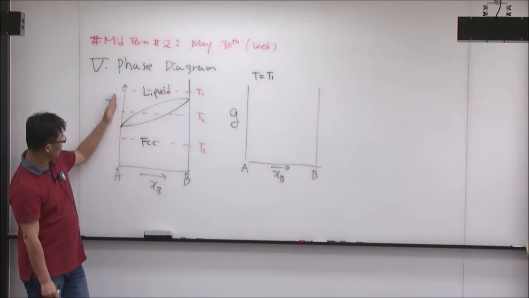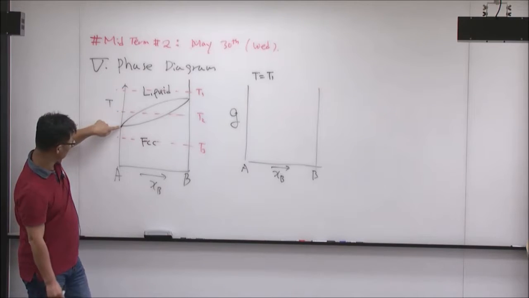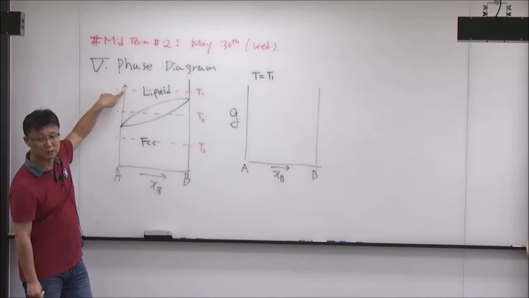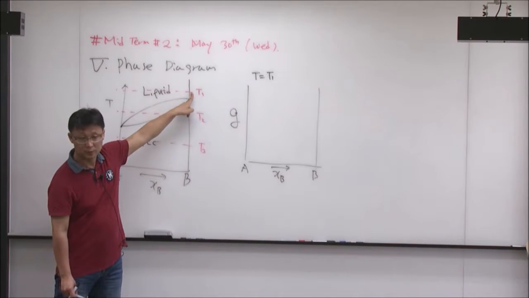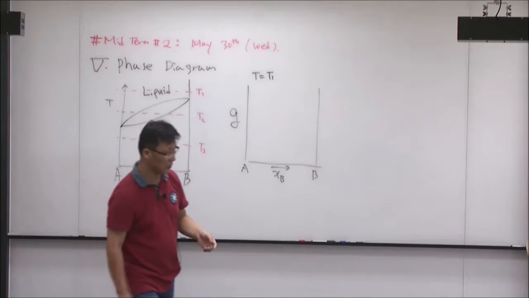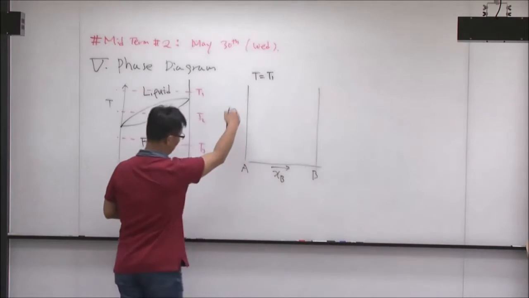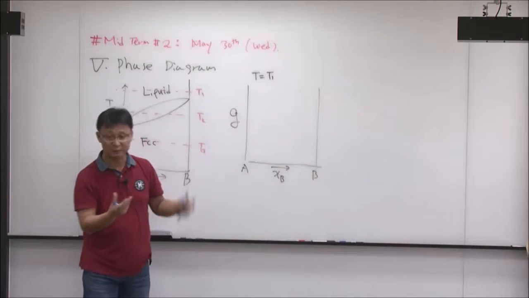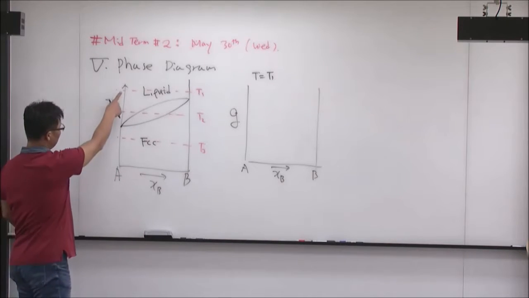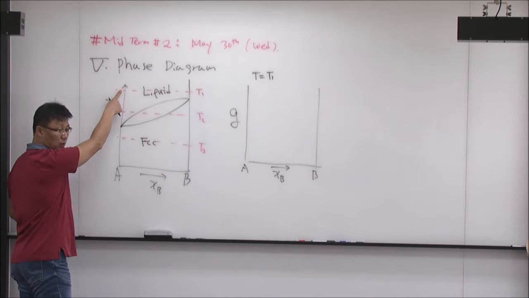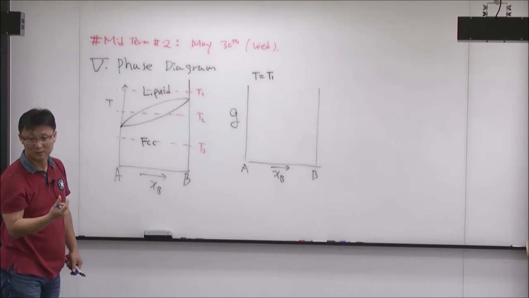When you look at the pure A corner at temperature T1, A is already in the liquid state, because this is above the melting temperature of A. And B is also in the liquid state. So both A and B are liquid. Of course, we don't know exactly the absolute value of the Gibbs energy of A and B, but at least A liquid has to have lower Gibbs energy than A solid, because A is in the liquid state.